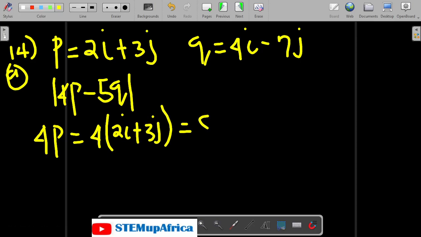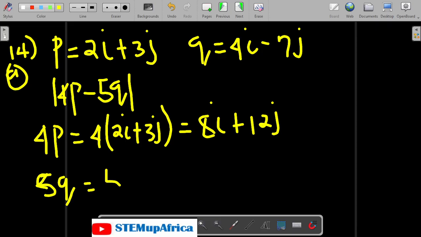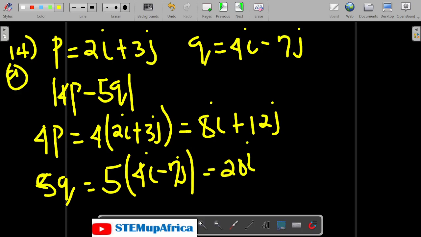That will give us 8i plus 12j. I also have 5q. My 5q will be 5 into 4i minus 7j. If I open the bracket, I'm having 20i minus 35j.